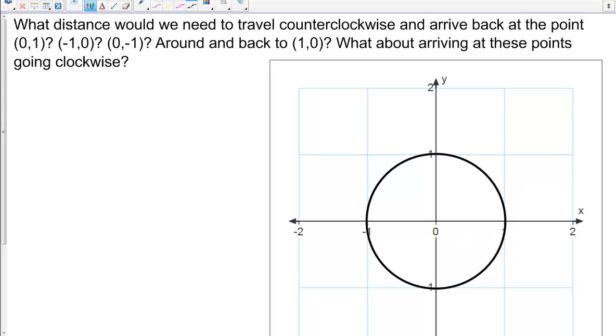All right, so what distance would we need to travel counterclockwise and arrive at the point (0, 1)? How far is this distance? Well, let's think about this. What is the entire length of this circle all the way around? What's the circumference?